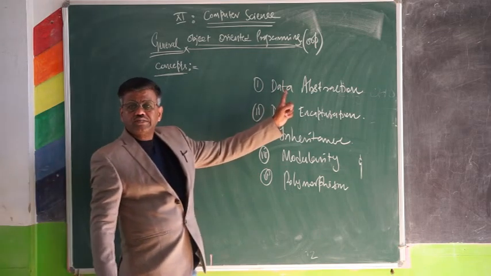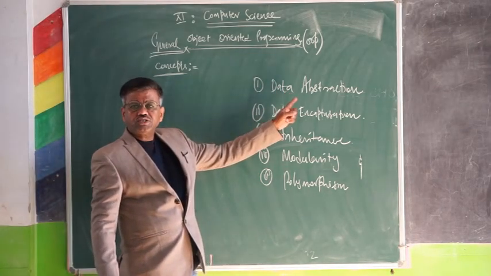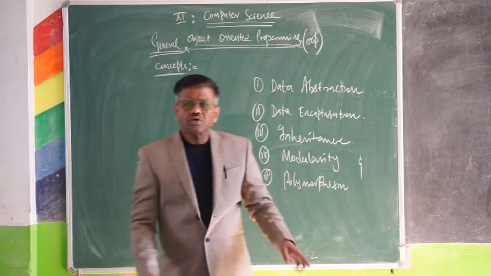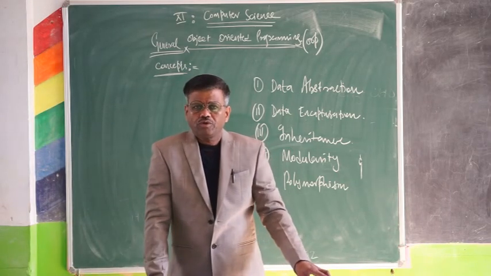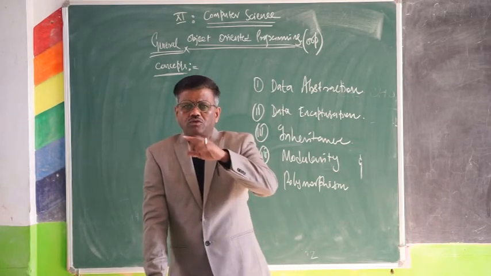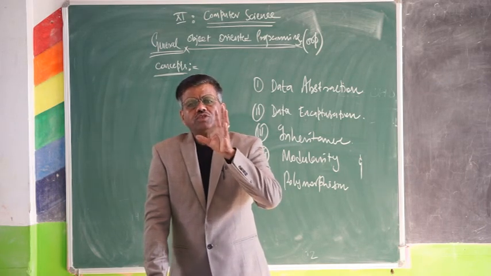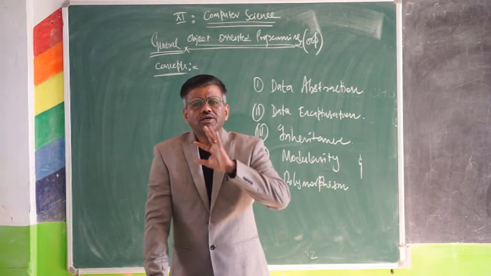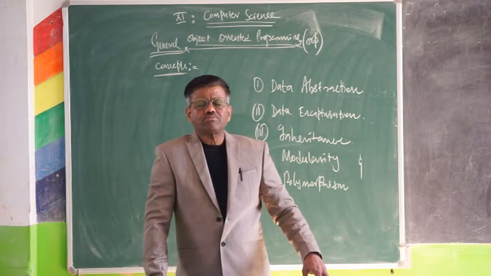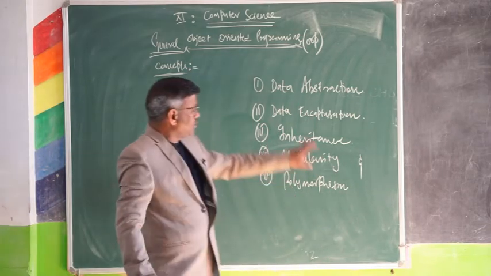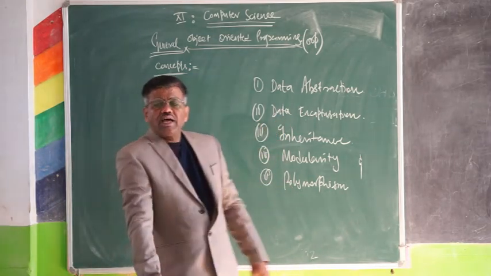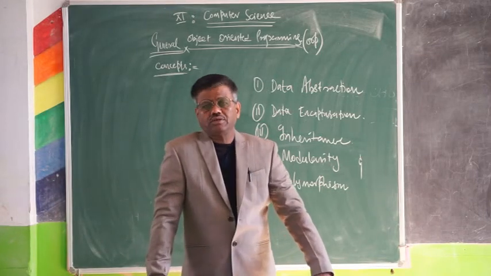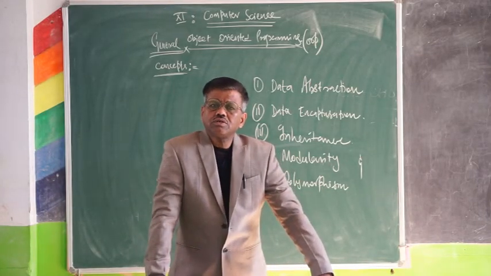What is data abstraction? Your focal point: your object should be in one way, don't bother about the background details. The second one is data encapsulation. What do you mean by data encapsulation?